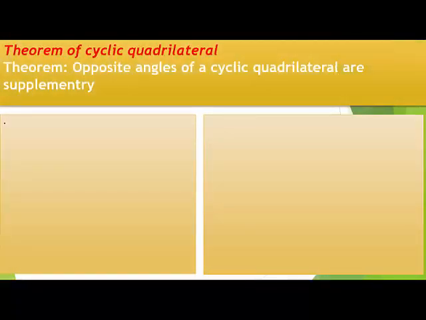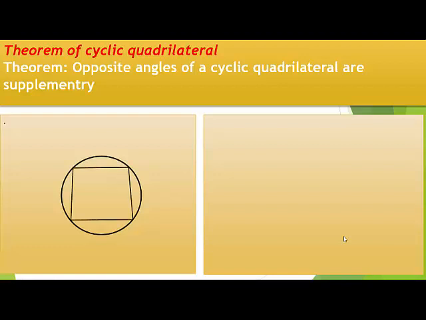Now we see the theorem of cyclic quadrilateral. The statement of the theorem is: opposite angles of a cyclic quadrilateral are supplementary. Draw the figure first and name it according to the statement.